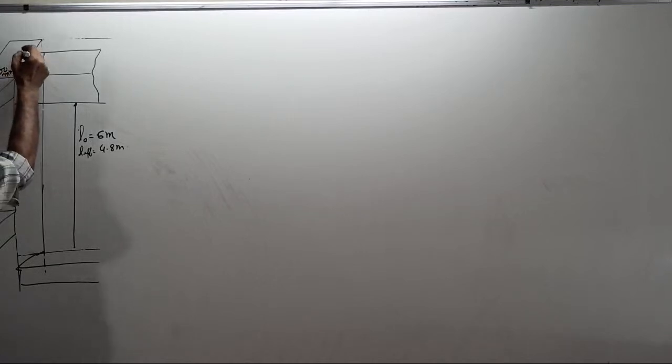Here, L0 is 4.2 meter, L effective is, not 6 meter, 5 meter, L effective is 4 meter. Okay, done. Column side, this is 300 mm, this is 600 mm. It's a column side.